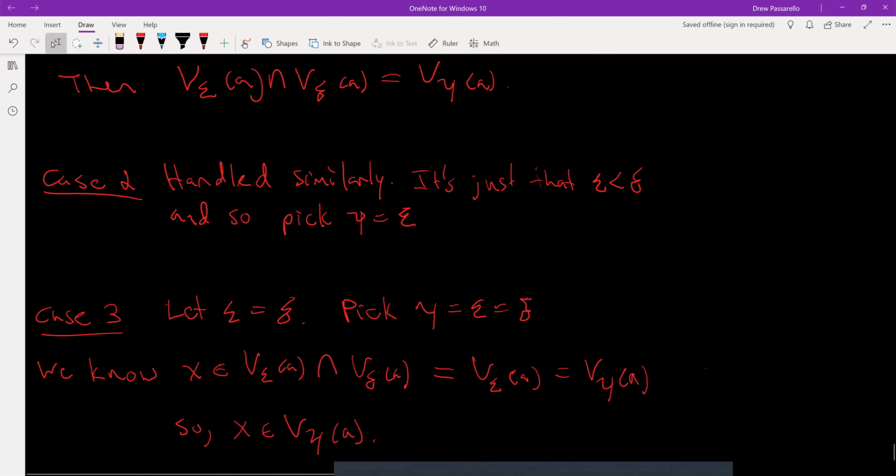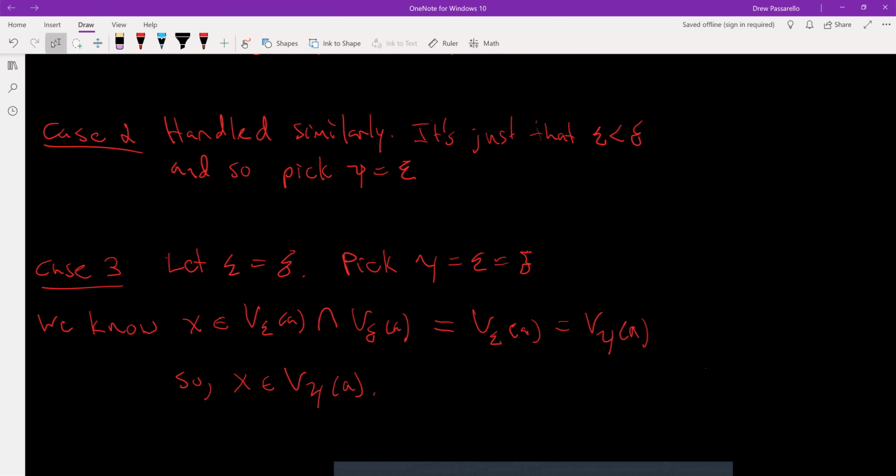The second case is handled similarly. It's just epsilon is less than delta. You switch the roles. You pick gamma this time to be the smaller one, which is epsilon. The third case is when they're equal, and then gamma is equal to epsilon, which is equal to delta. So sort of just by definition, that means it's going to be in the gamma neighborhood because they're all the same.